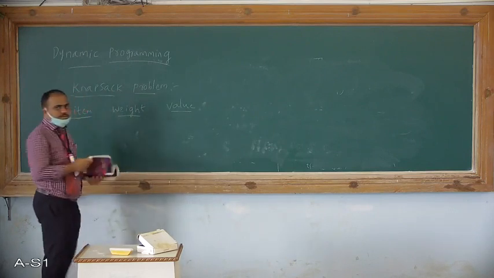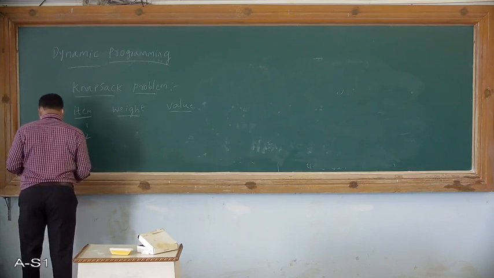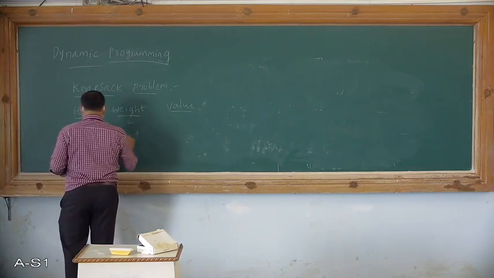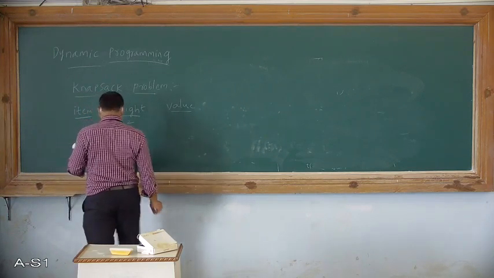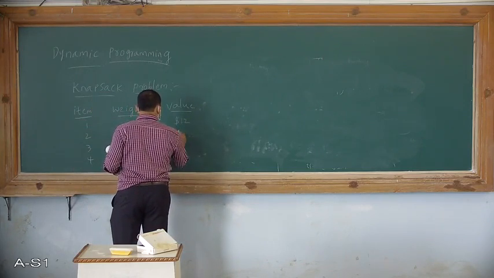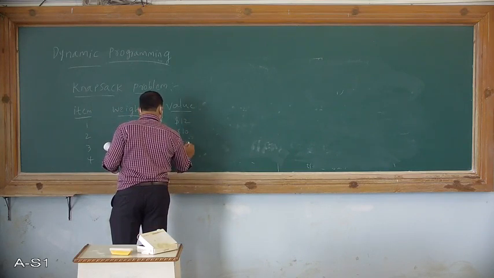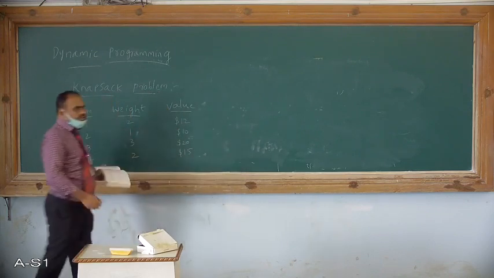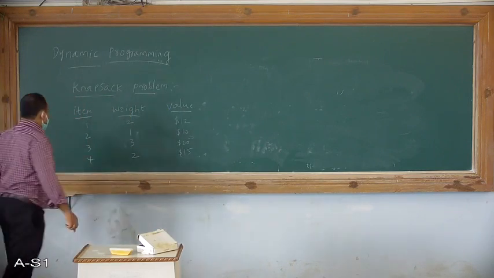You can observe: item, weight, and value. 1, 2, 3, 4; 2, 1, 3, 2; 12, 10, 20, 15. So this table is given. We can observe here we have got this table.